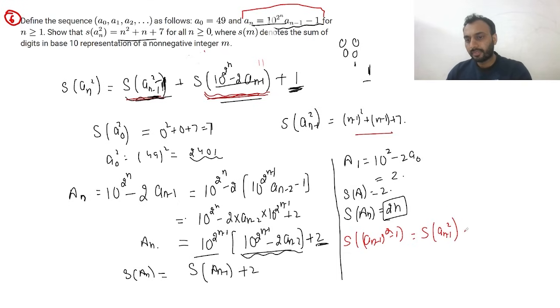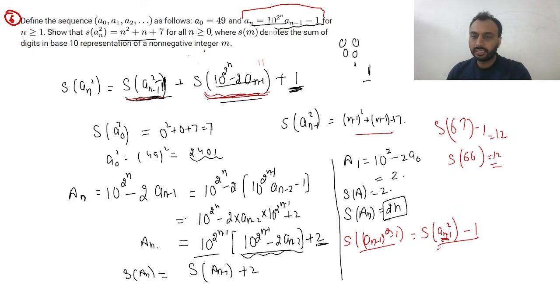I can say that because I know that the unit digit of this number is not 0. It is a non-zero number. Like if I have a number 67, either you find the sum of digits of 67 and subtract 1, or you subtract 1 first and find the sum of digits, that will be the same, right?